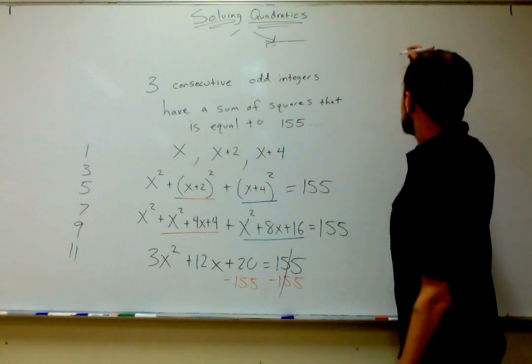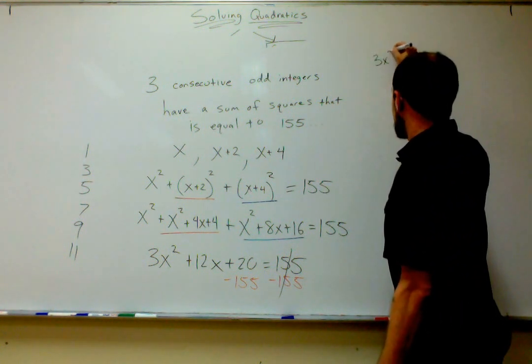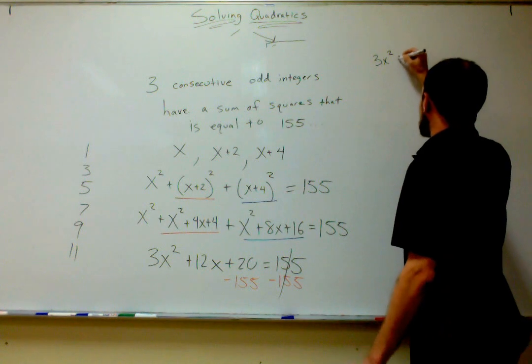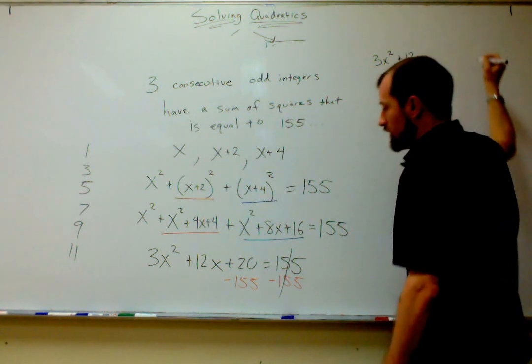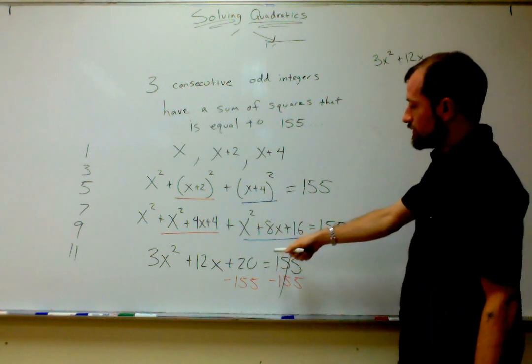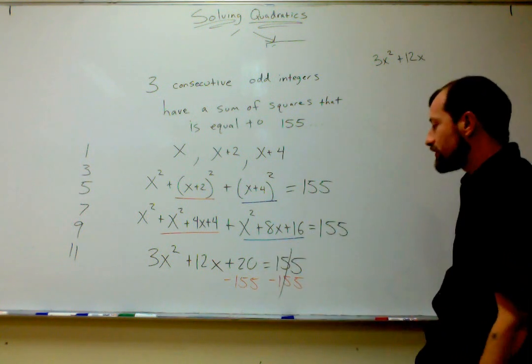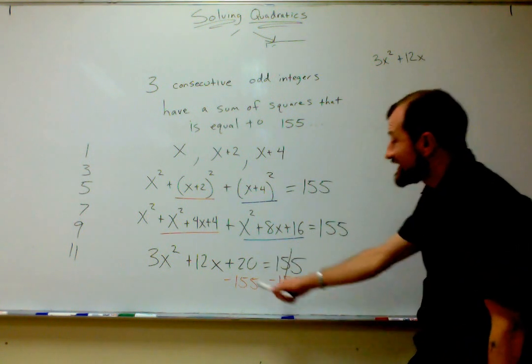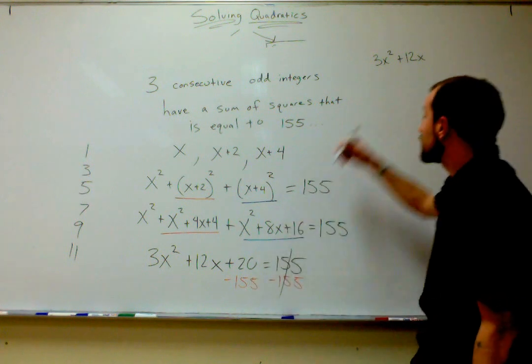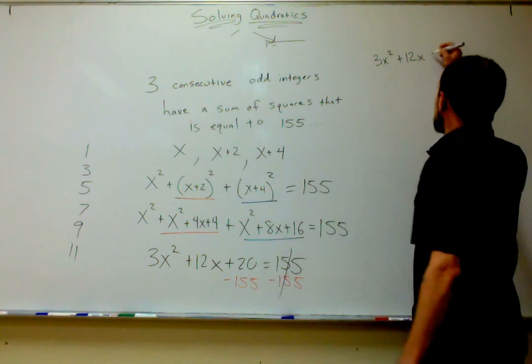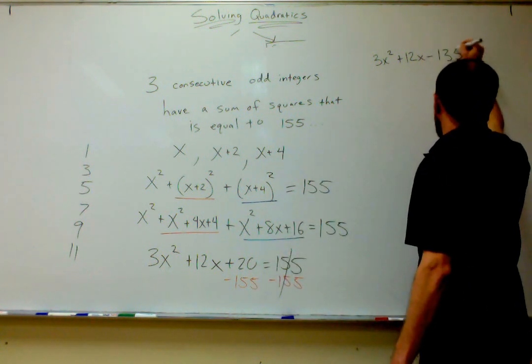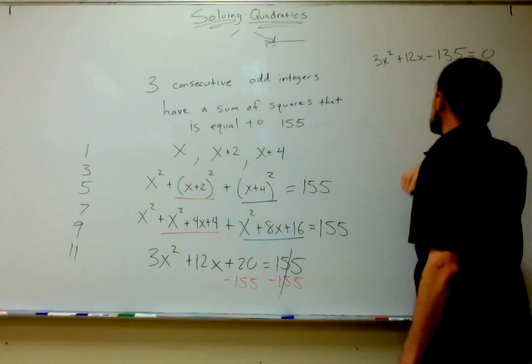And what we get is 3x squared plus 12x. Alright, now 20 and negative 155 is going to be negative 135. So minus 135 equals 0.